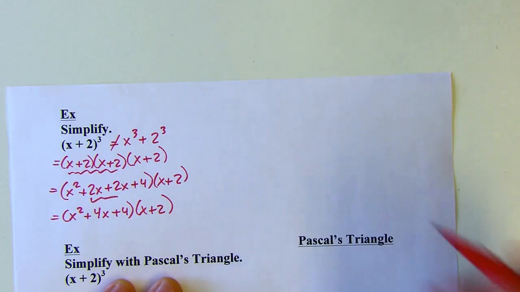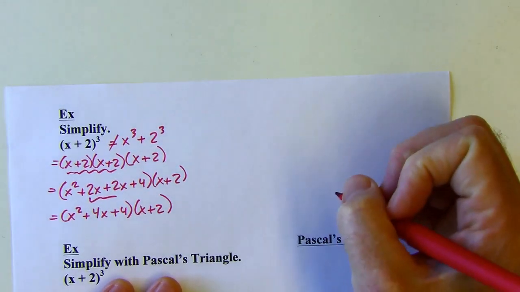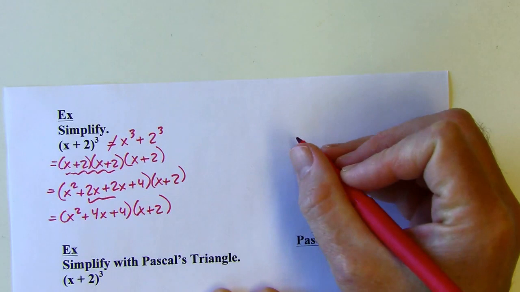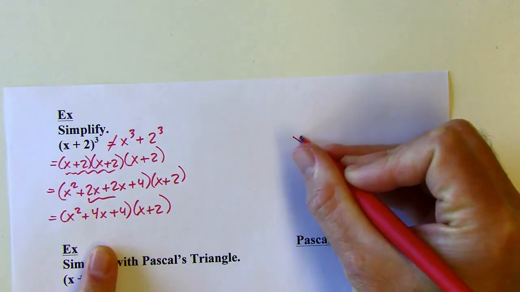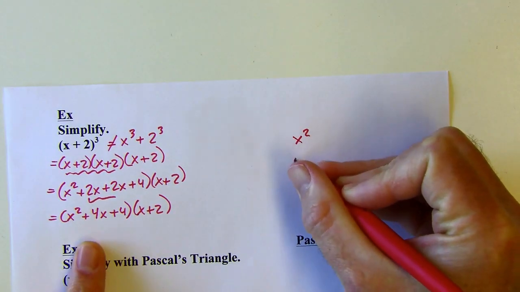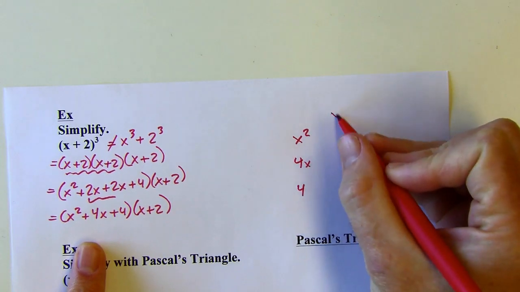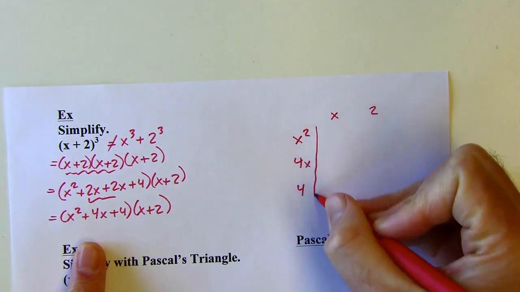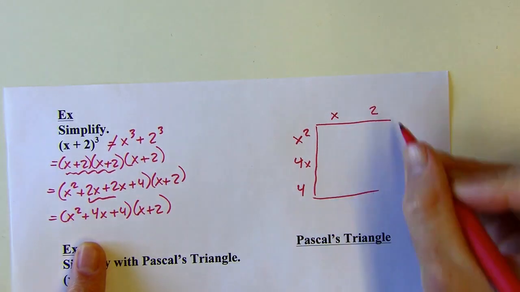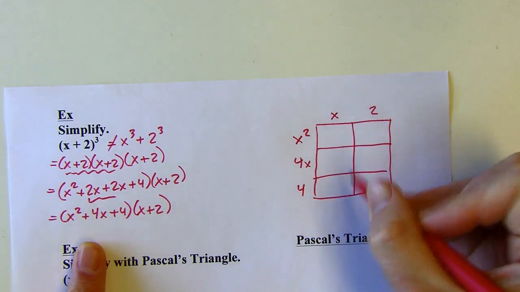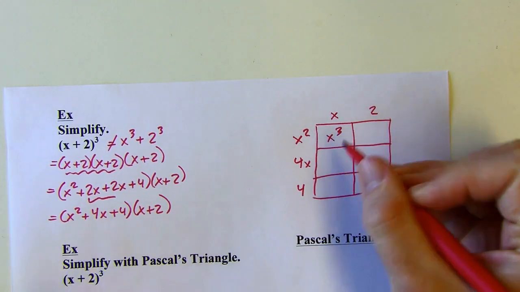So let's see, I'll do that up here. x squared plus 4x plus 4, there's my trinomial. Here's the binomial. Okay, x squared times x, x to the third.